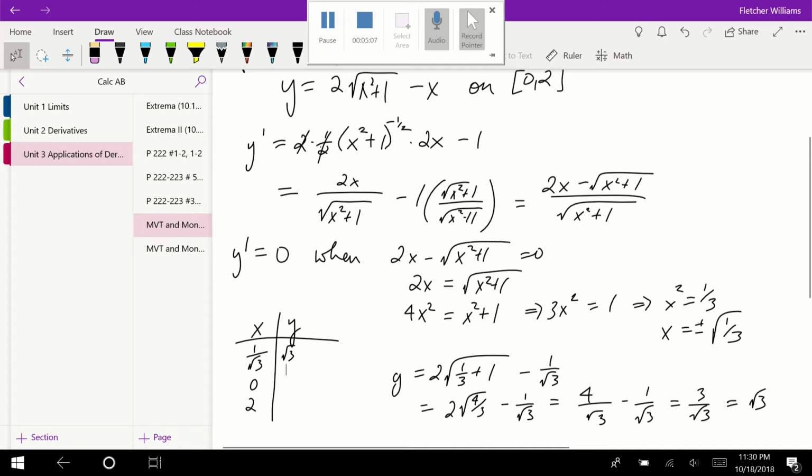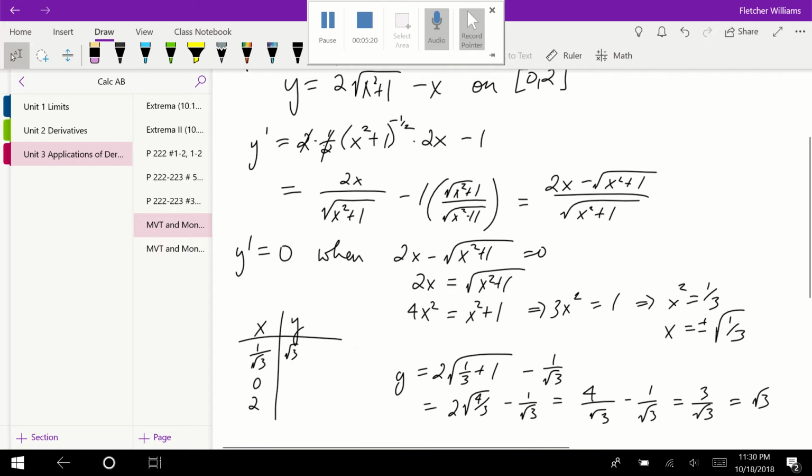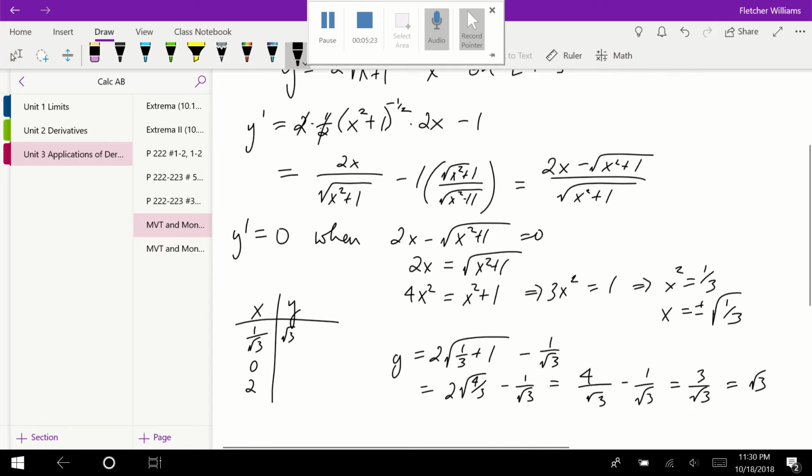If you plug in 0 to that original equation, you get 2 times square root of 0 squared plus 1. That's just 2 times square root of 1 is 1. 1 times 2. 2 minus 0 is 2.